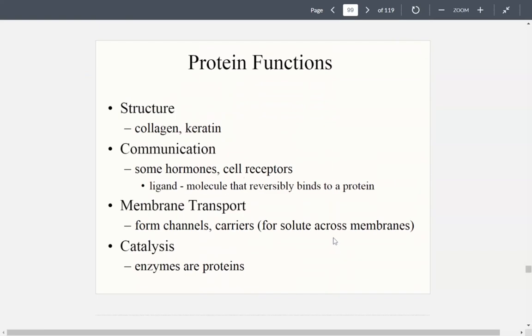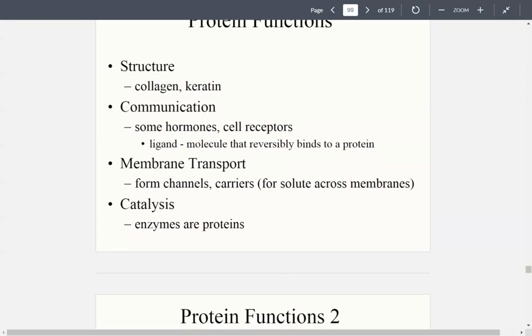What does protein do? It does a lot. Protein is going to give us structure in the form of collagen and keratin. It's going to aid in communication because some of our hormones are protein-based. It's also going to be involved with cell receptors. It's going to be involved with membrane transport, so carrying things across the cell membrane. It's going to be involved in enzymes. Enzymes are catalysts.